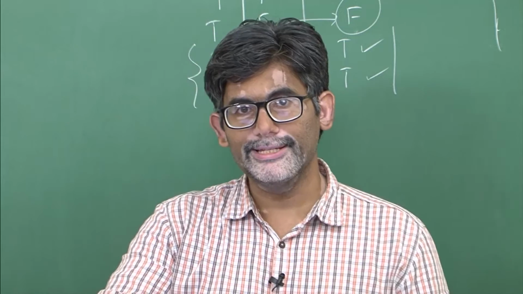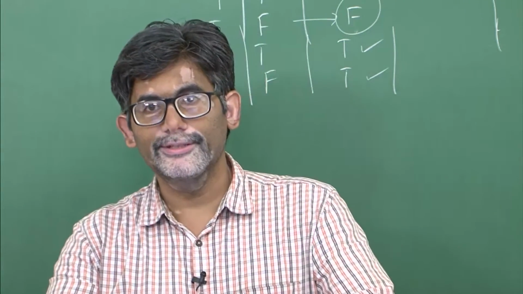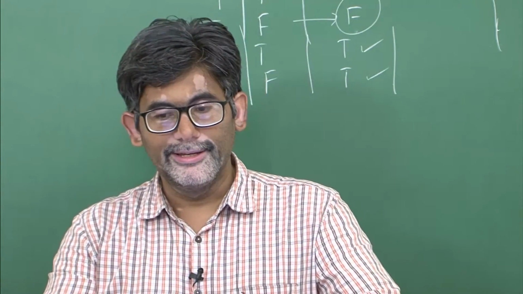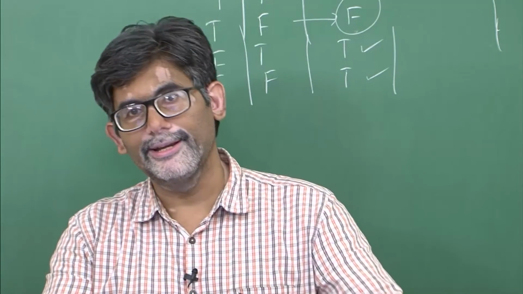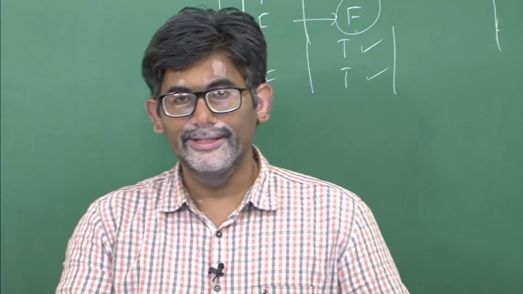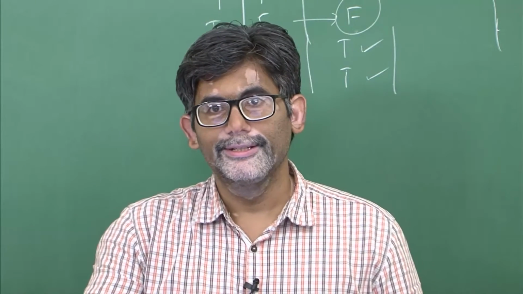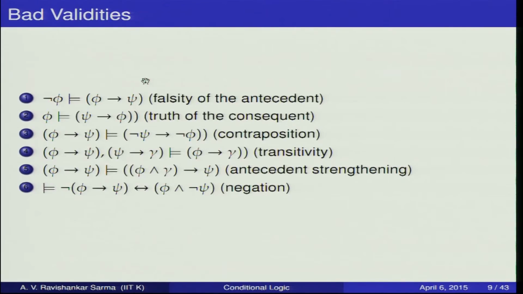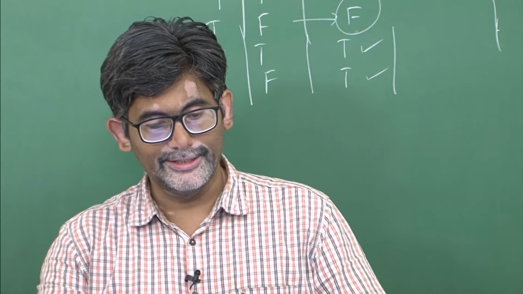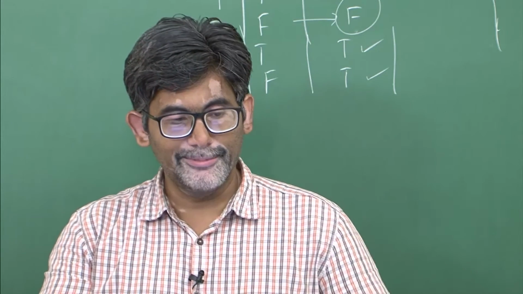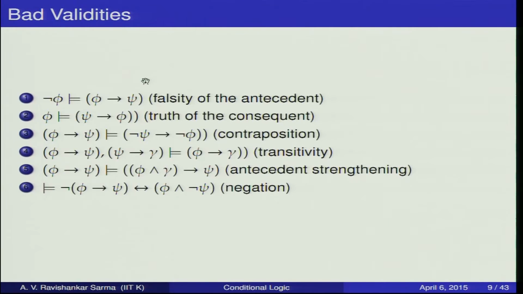The paradox of material implication is this: a true proposition is implied by any strange kind of proposition, and a false proposition implies anything. If this is the case, then all the tautologies may come from strange sentences, or even contingent sentences, which we don't want. It is undesirable, which is why they are considered to be bad validities.